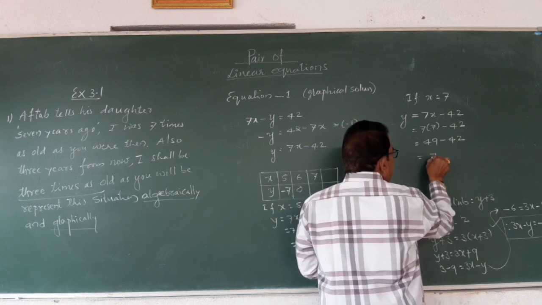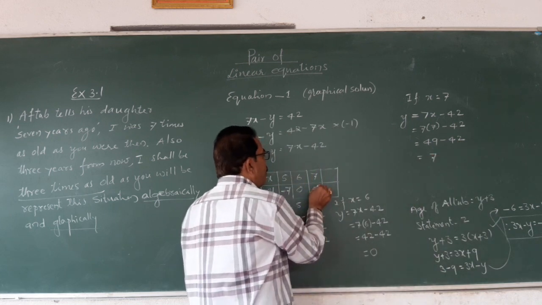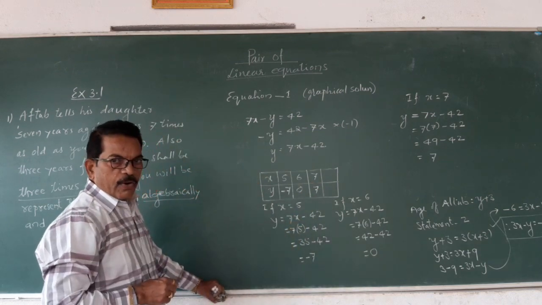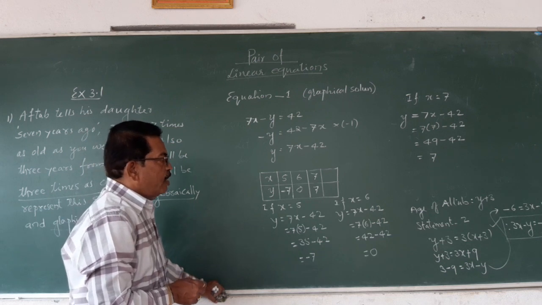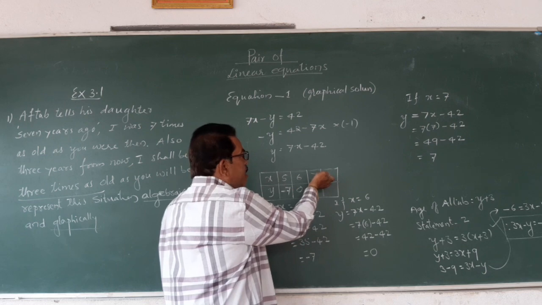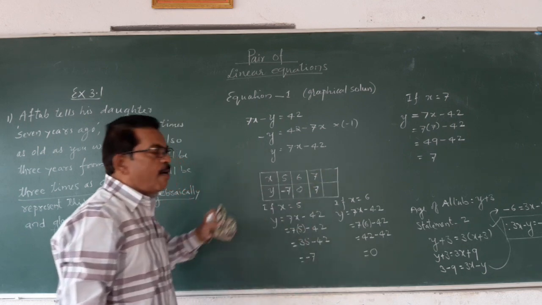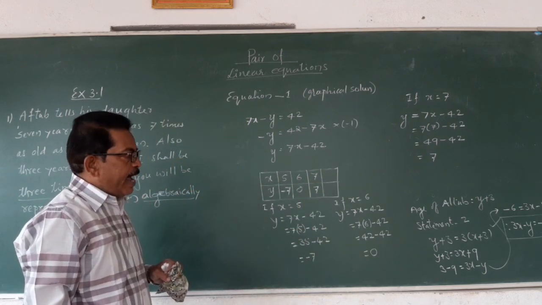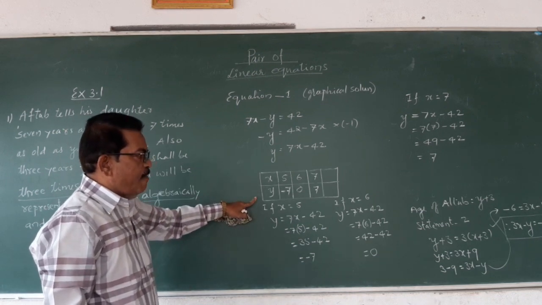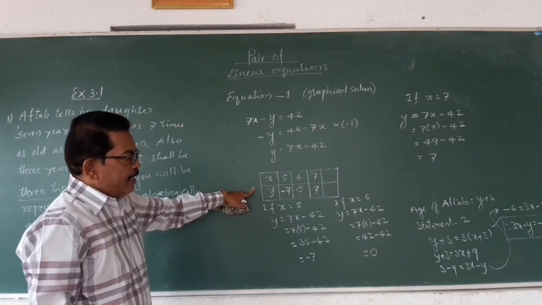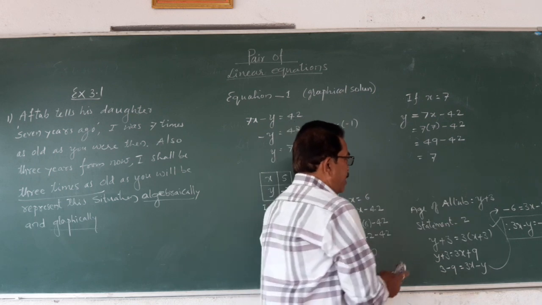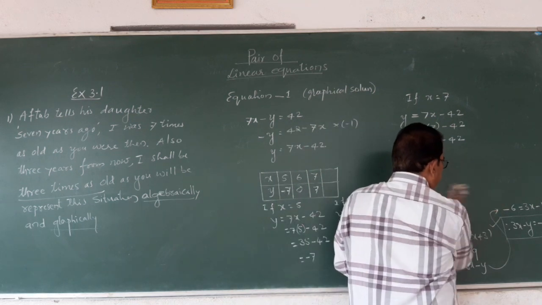That is 7 will be the value. So y equals 7 when x equals 7. Okay, 3 values are sufficient. If you want some more values, you can put the x values you want, then you have to calculate the value of y. Then we have already prepared this graph, the graphical tabulation. Then the second part of that equation, 3x minus y equals minus 6.